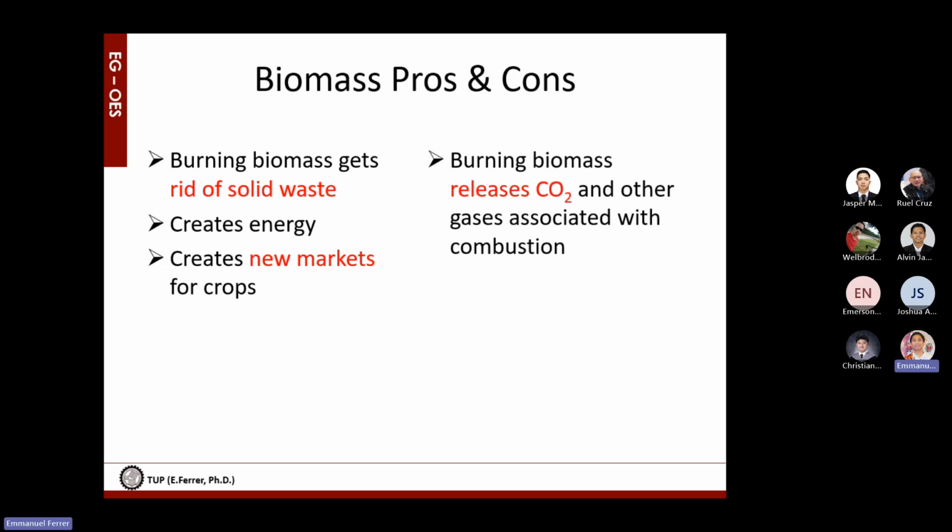Cons: it releases greenhouse gas in the form of carbon dioxide and maybe other gases. It's combustion, so there is NOx for sure, since there is nitrogen from air. So, other gases associated with combustion. It also creates solid waste from ash, but at least in a minimal or reduced volume, because agricultural solid waste has a much larger volume compared to the ash that will be produced.